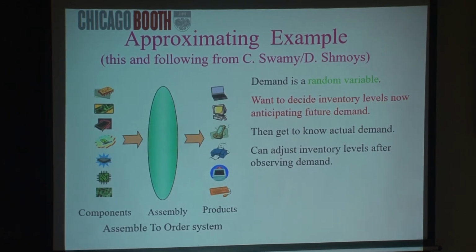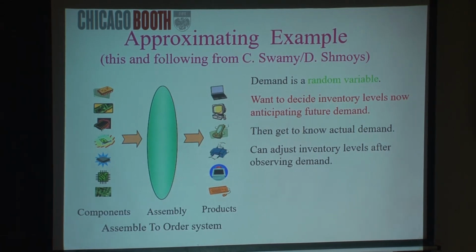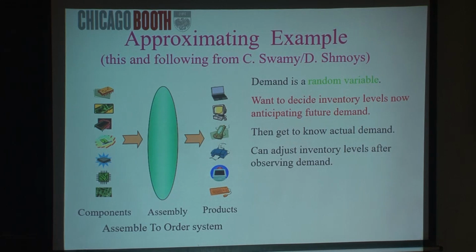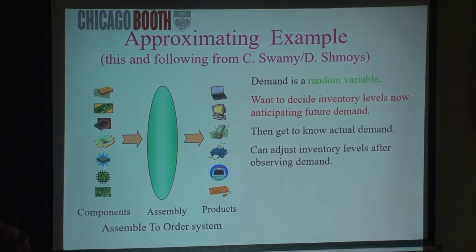But I'm trying to, it's kind of a setup like I had before. I have to set up my capacity. I'm going to set up capacity in different places. Random demand is going to arrive, and then I'm going to try to satisfy that demand from my capacity.